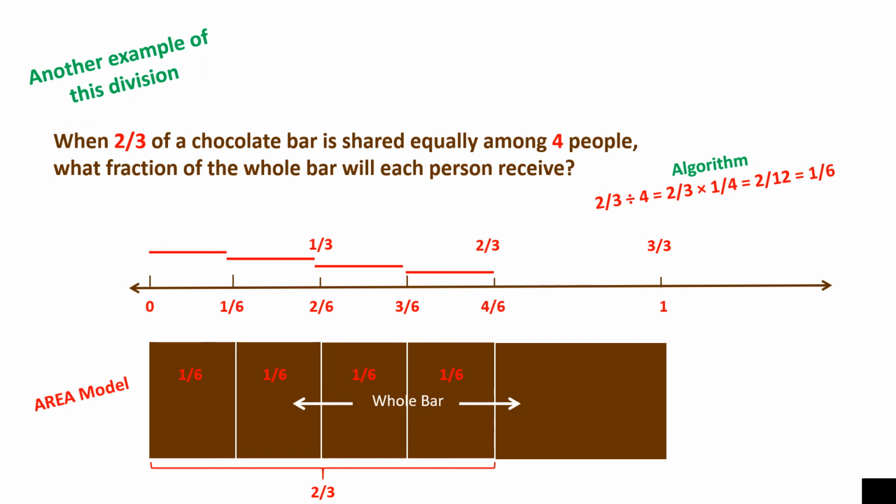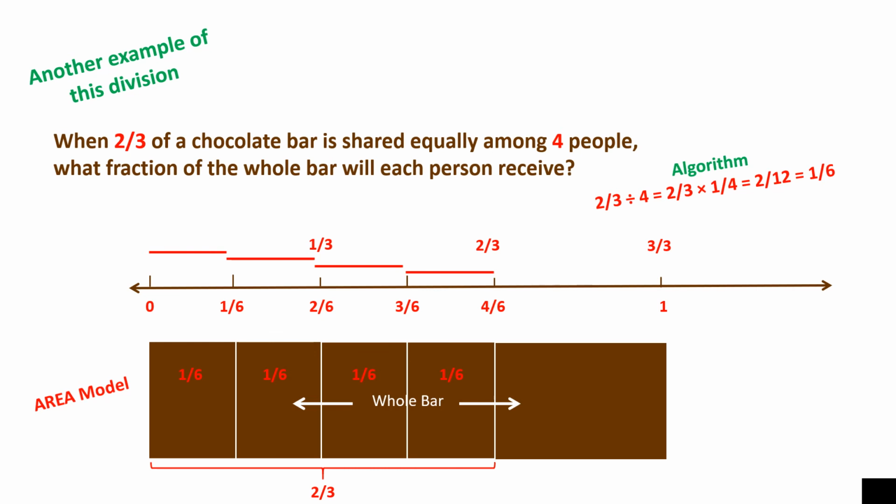Another example of this division. We have 2/3 of a chocolate bar and we want to share it equally among 4 friends. What fraction of the entire bar will each person receive? On the number line, we've divided a unit into thirds.